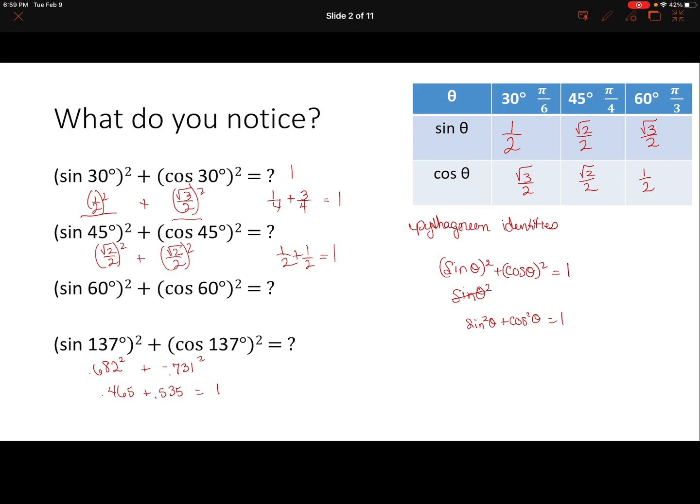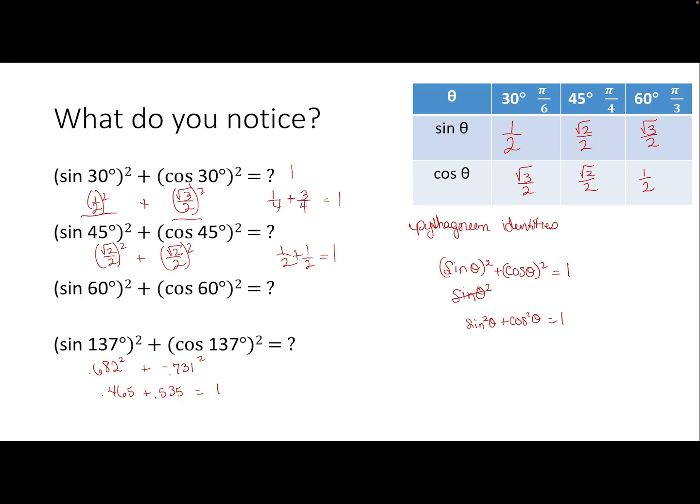Now you may be wondering if that is unique to these particular trig functions, and the answer is no, because we can actually do this with other trig functions as well. So we know that if we divide the sine by the cosine, we get the tangent because of a quotient identity. And so let's do that.